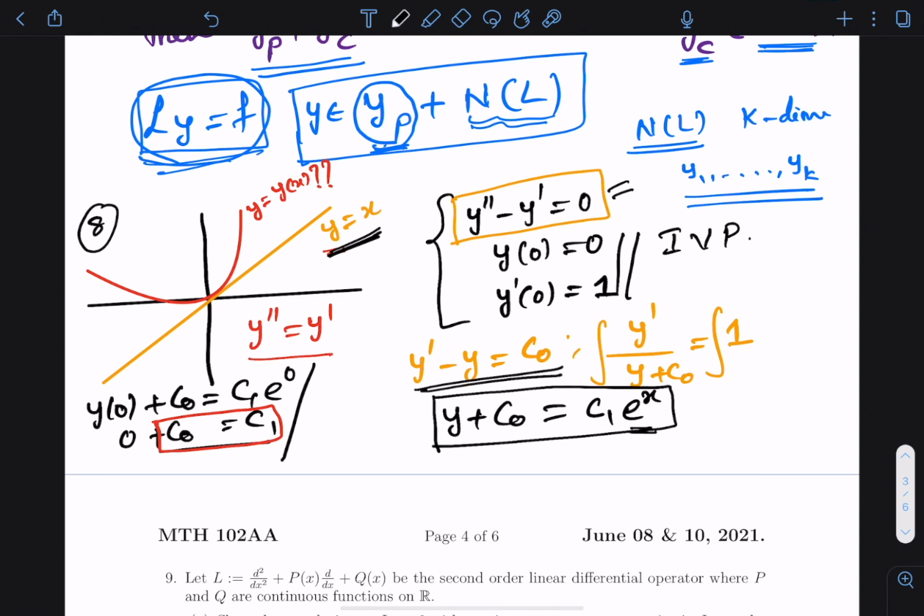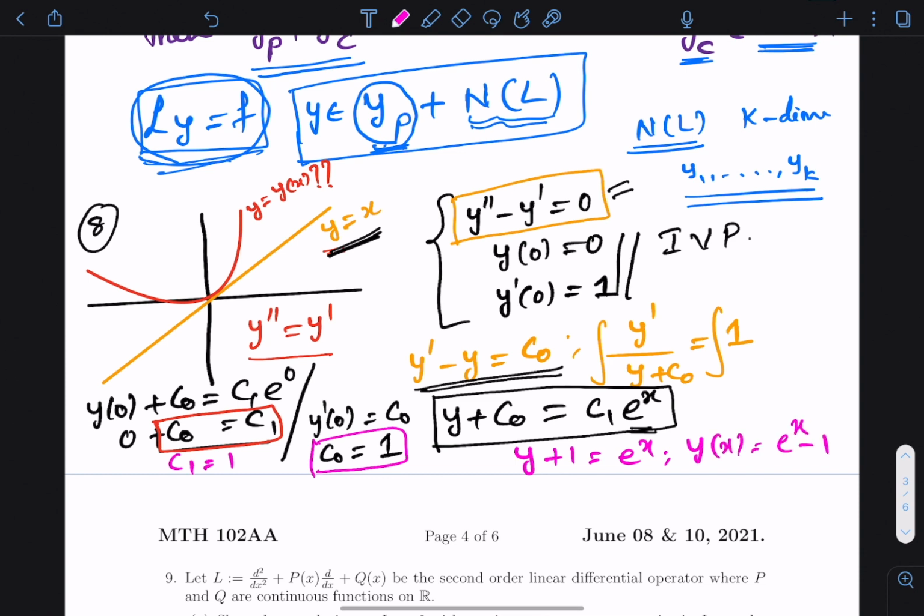We have this equation, so y prime of 0 minus y of 0, which is, so y prime of 0 is actually equal to c naught, which gives you c naught is 1, which means c1 is also 1, which means your solution is y plus 1 equal to e power x, or in other words, y of x is e power x minus 1.